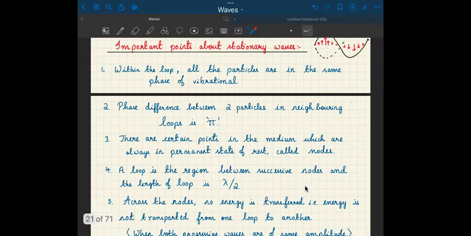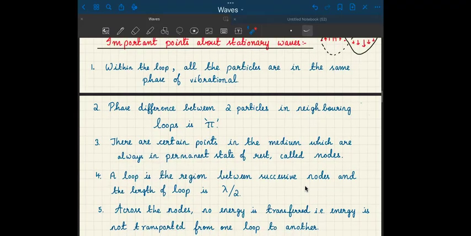Important points regarding stationary waves. Within the loop, all the particles are in the same phase of vibration. That's what I commented. I think you got the point. Same phase of vibration. Clear? And similarly, phase difference between two particles in neighboring loops is π.